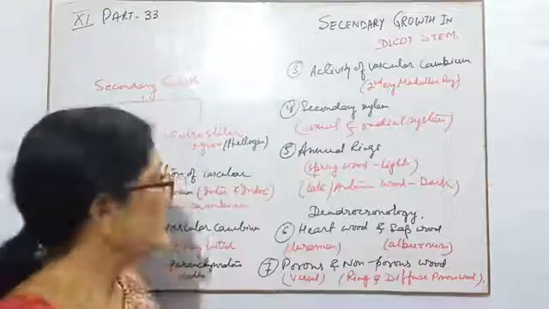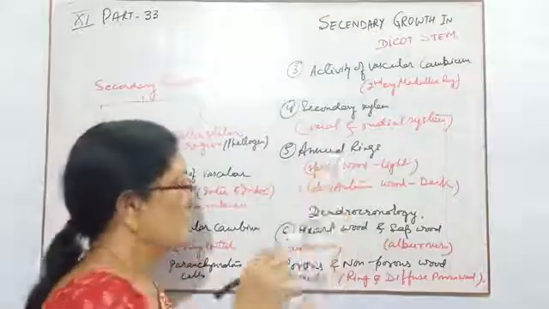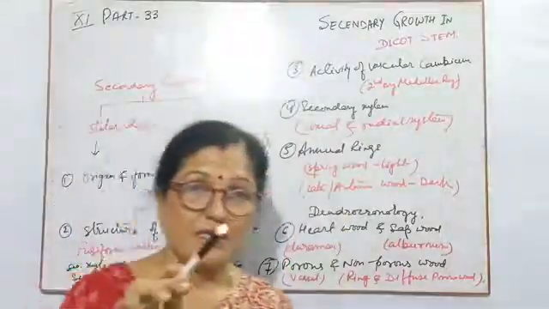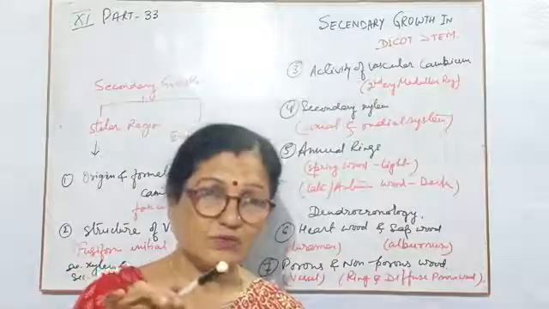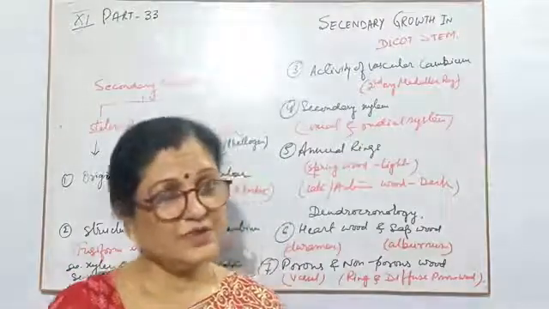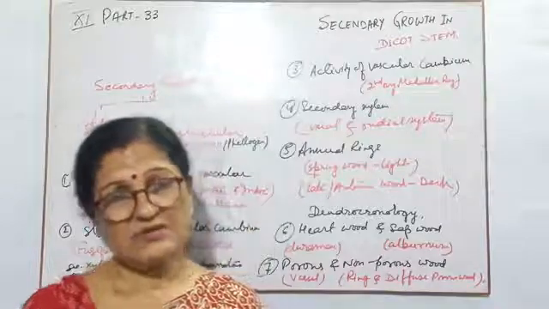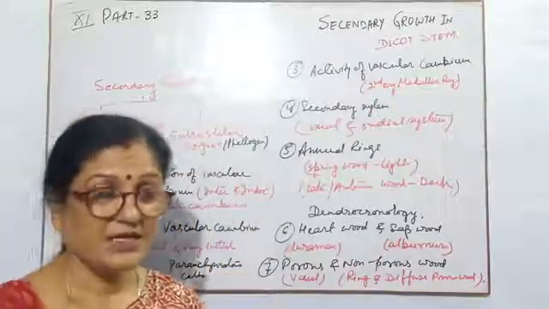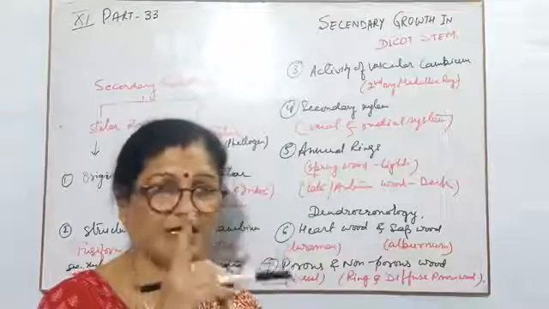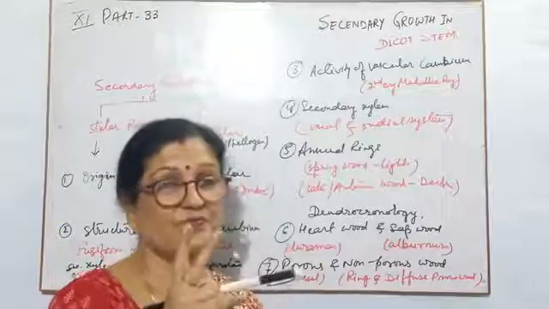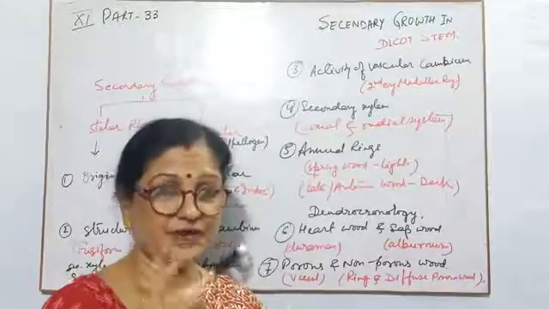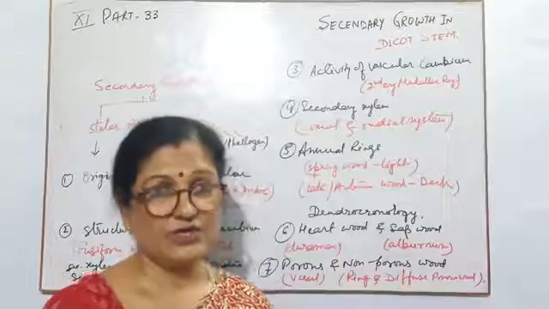So that's why the annual rings form in two phases, one in the spring season, another in the winter season. In the winter season, the annual ring will be darker than in the spring season. So in 1 year we can count 2 rings in any wood.